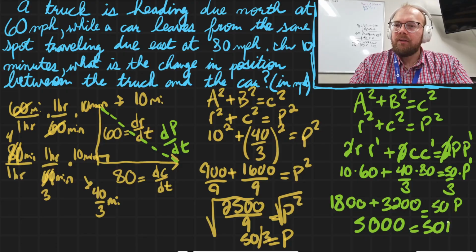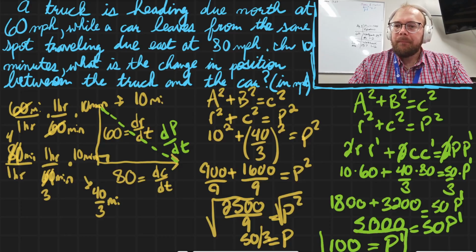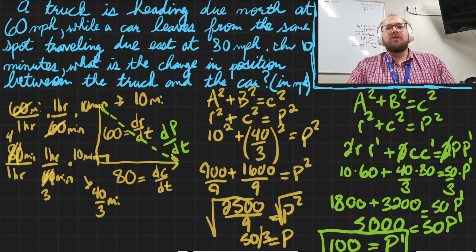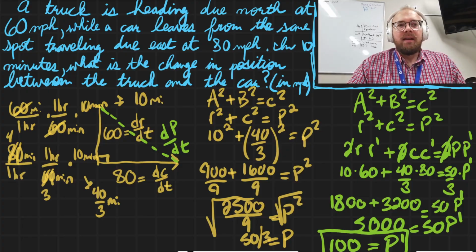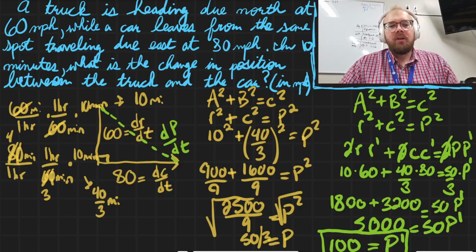So actually this ends up working out pretty well, because then we can just divide by 50 and get 100. So P prime is what I meant to have. I wrote that as P. So P prime is 100, meaning that the change in rate is going to be 100 miles per hour between the car and the truck.